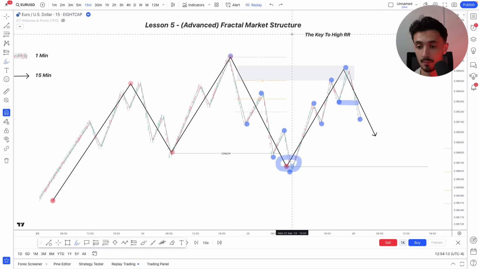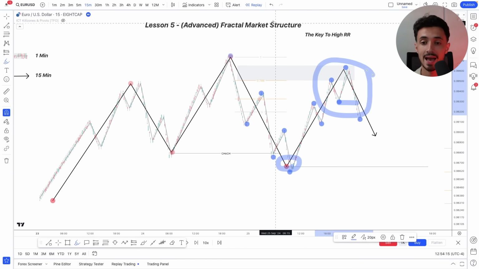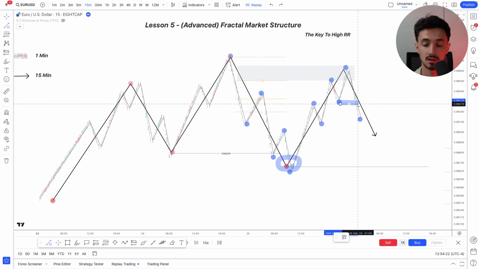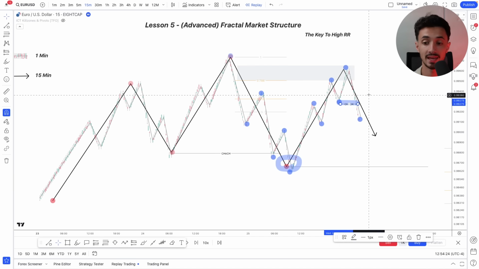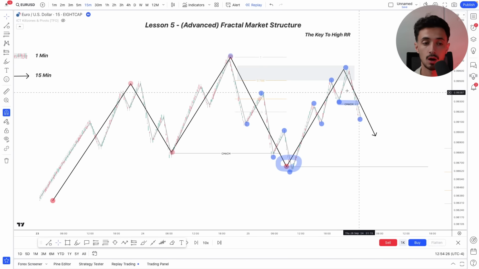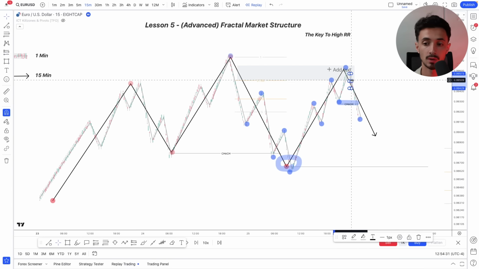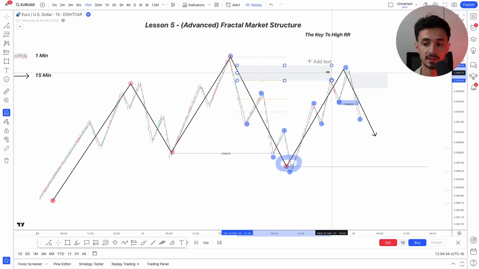You get where I'm going here. So that confirms our already firmly established bias. But not only does it confirm it, which increases the probabilities of being correct, it also allows us to enter on the lower time frame. So once you get that 1 minute change of character, you can be on a lower time frame looking for a point of interest, and you can look at executing that.